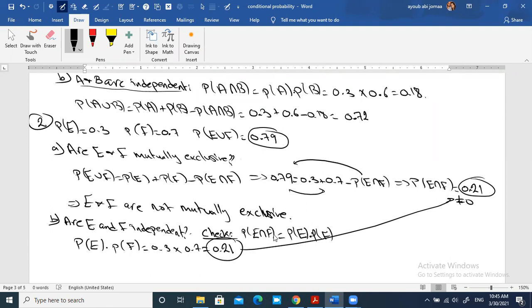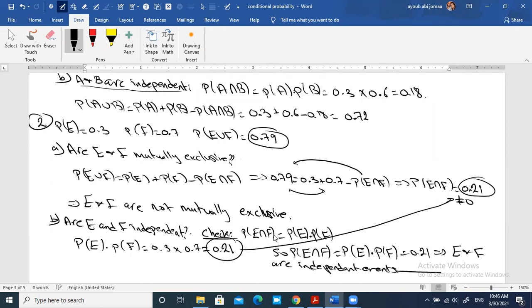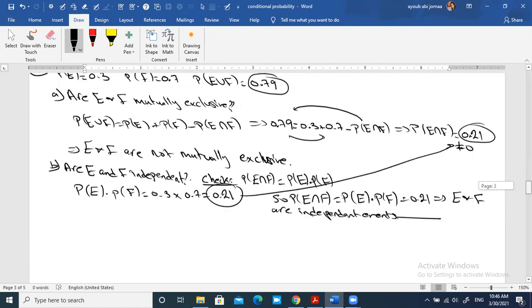They are equal. So the probability of E intersection F is equal to the probability of E times the probability of F, which is equal to 0.21. This implies that E and F are independent events. Okay.